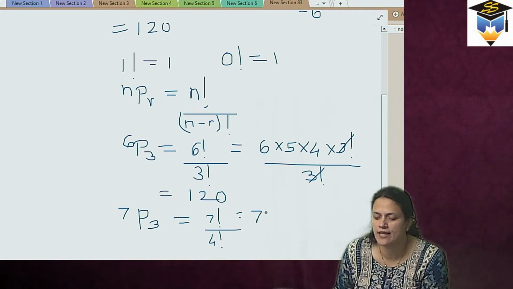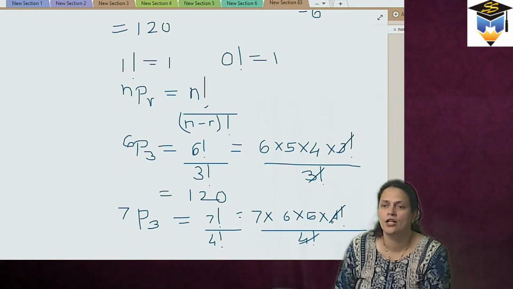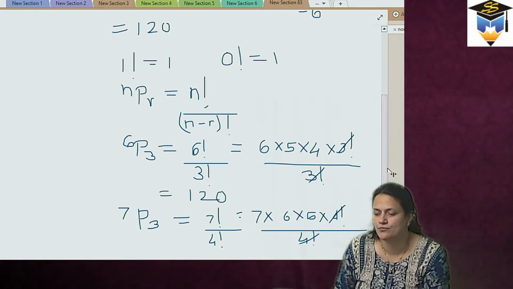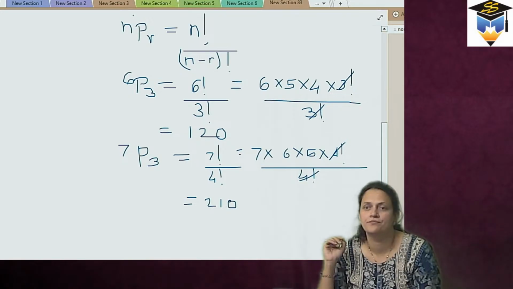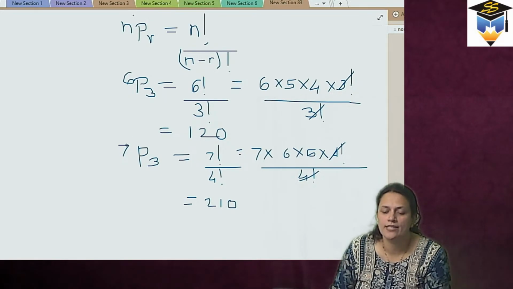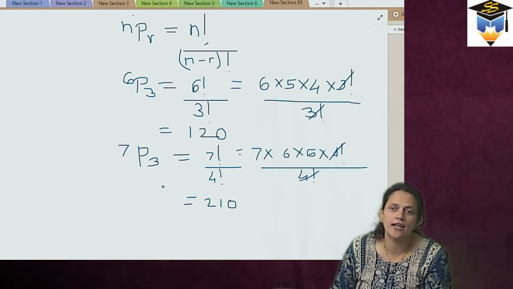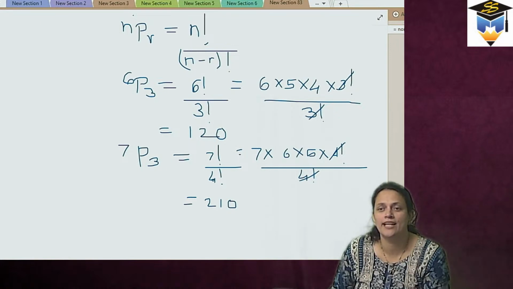Again do the same thing: 7 into 6 into 5 into 4 factorial upon 4 factorial. So you can cut 4 factorial and find out the value. 210 is the value of 7P3. N minus R: what is N? 7. What is R? 3. 7 minus 3, that is 4. We directly learn this.